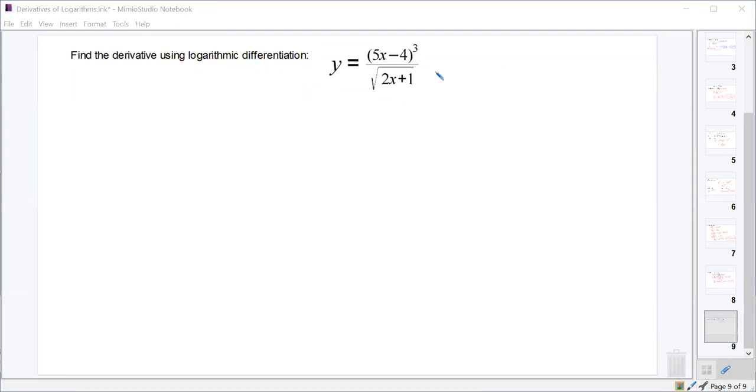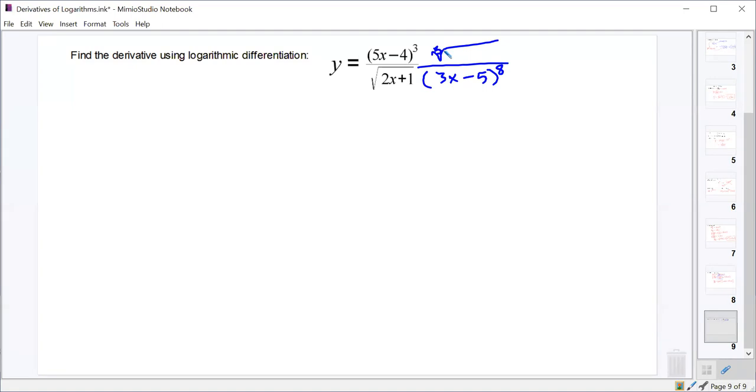What about if I did this to it? Can I still use the quotient rule? Yes, but it'd be more difficult, right? We'd have this extra term. We'd have to use the product rule when we find the derivative of the denominator. What about now?